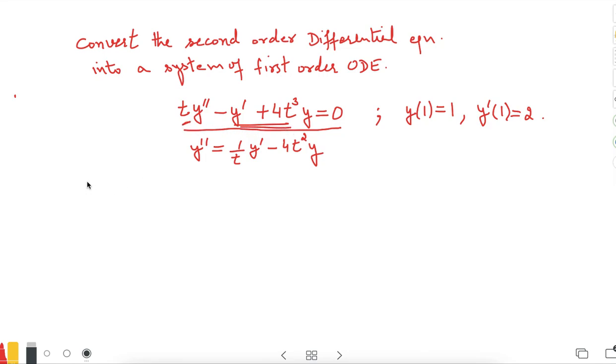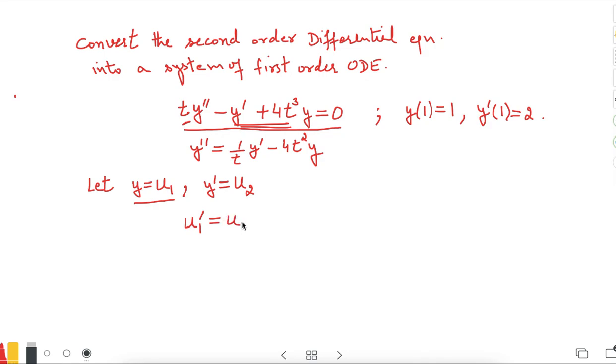Now this second order differential equation will be converted into two first order differential equations. For this we have to choose the dependent variable y as u1 and the derivative of y as u2. Clearly, if I differentiate the first equation, then I will get u1 dash equals y dash, and y dash is u2.